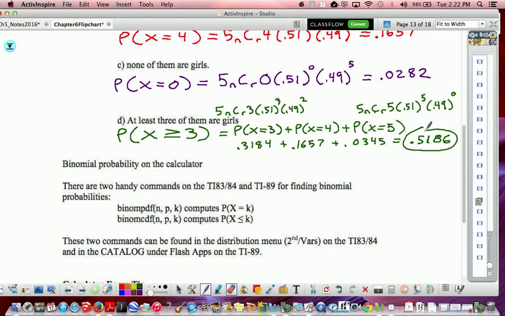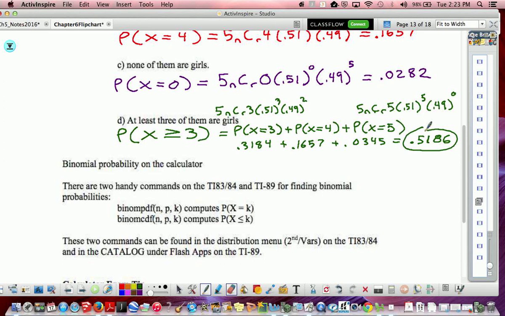Woohoo! Now, you guys like this formula, right? Some of you don't mind it. I actually don't mind doing it once in a while. I like breaking it out and using it. However, because technology is so unbelievably wonderful in your generation, your calculator has binomial calculations that you can do on your calculator.